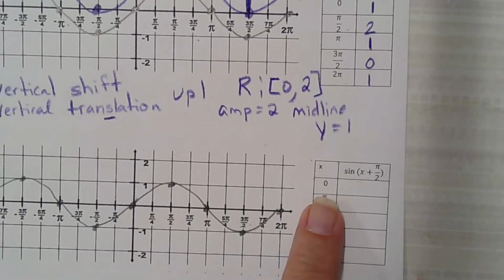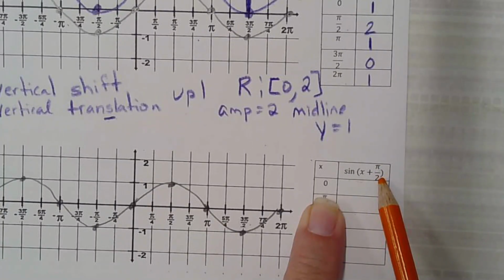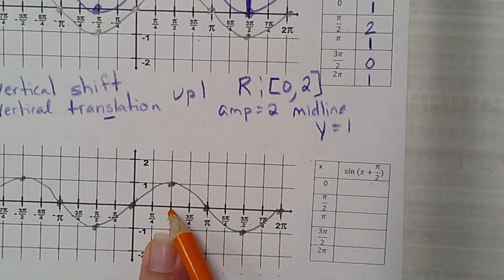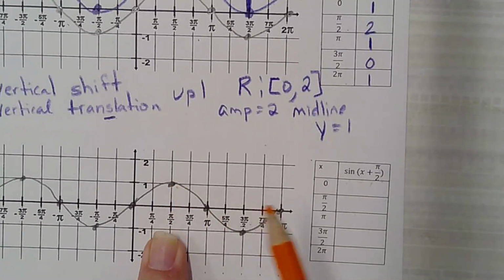All right, so if I plug in a 0 here, 0 plus pi over 2 is pi over 2. And what is the sine at pi over 2? Sine of pi over 2 is 1.